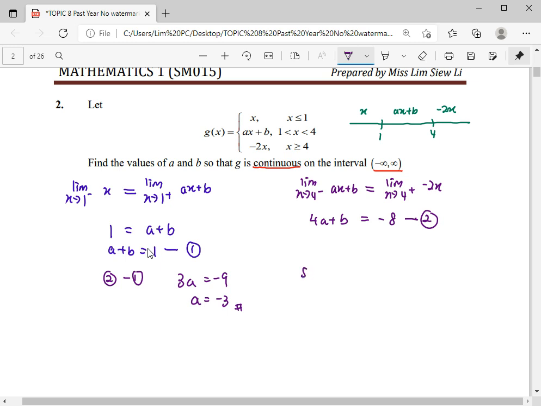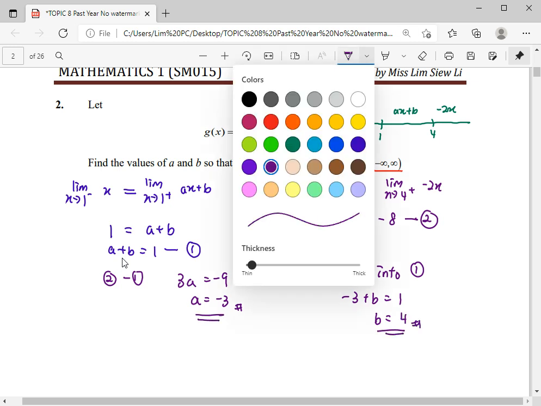Then we substitute a equals negative 3 into either one of the equations. This equation is easier, so I pick number 1. So b will be plus 3, so b equals 4. So this is how we find a and b.